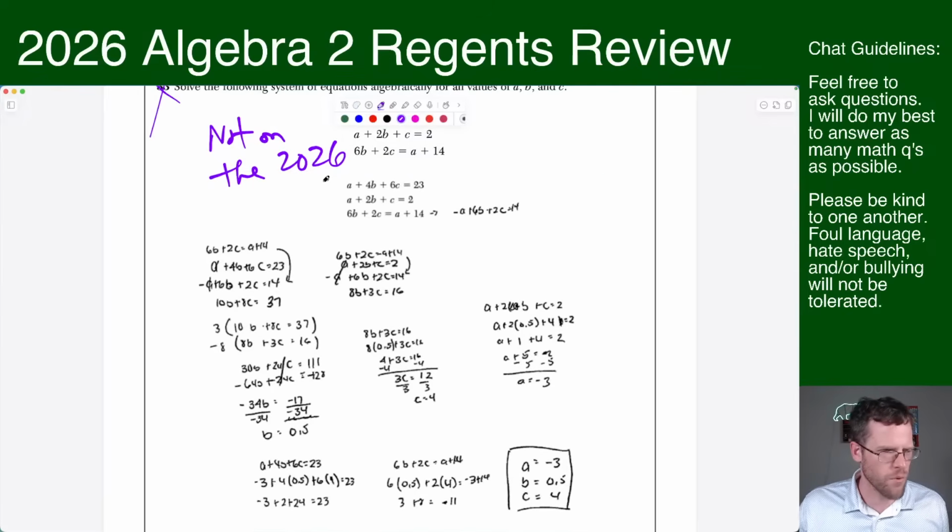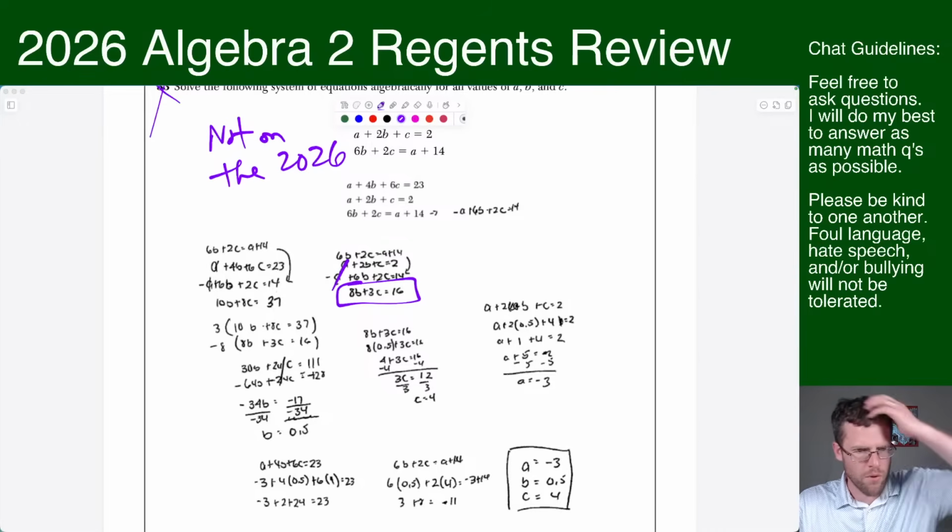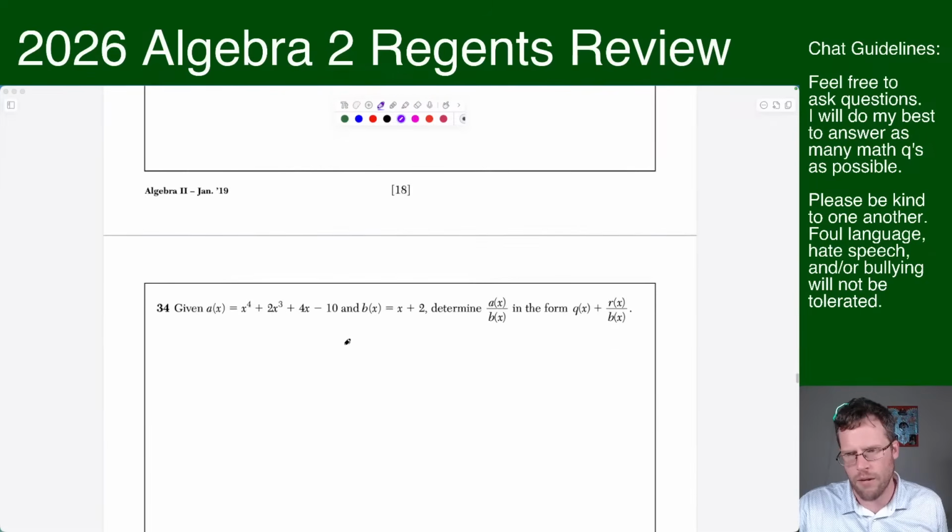There's a lot of different ways you could go about this, but see how they're getting terms to cancel out like this, and then you get an equation involving just B and C. What I'll do is I'll put the model response link in the chat. So this one here, let me just throw this in the chat. If people want to check out the model responses, you could look at this one. But like I said, that one's being omitted.